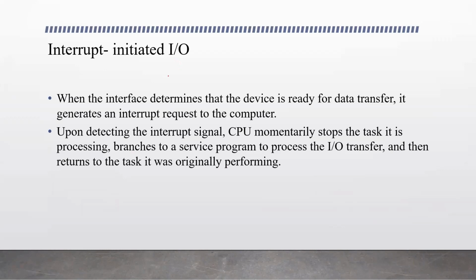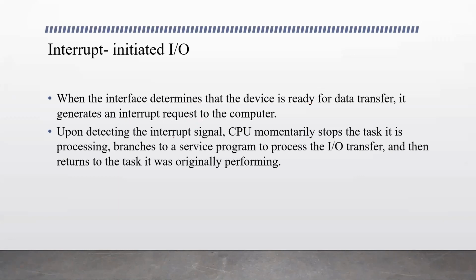When the interrupt comes, the CPU stops the process it is doing and goes to serve the device. When the interface determines that the device is ready for the data transfer, it generates an interrupt request to the computer.